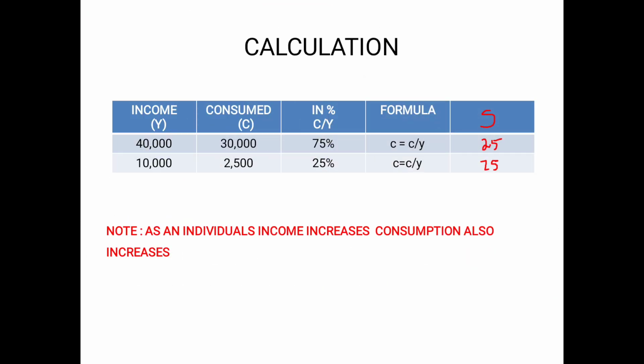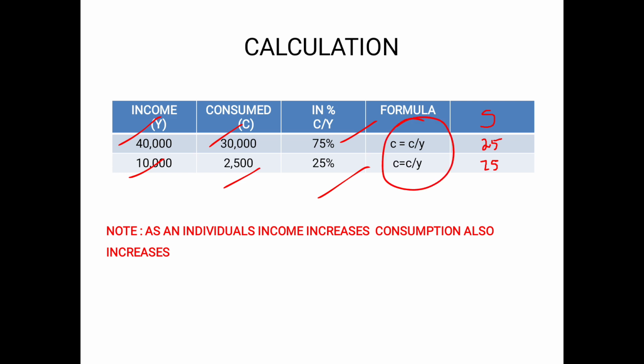So you have a small sum over here. Look at the income, 40, 10. Consume 30, 2,500. So the calculation I did previously, the same calculation is brought over here. So 75% is being used for consumption, and when the income increases, again we are increasing our consumption up to 25%. So this is the formula that you are supposed to apply.